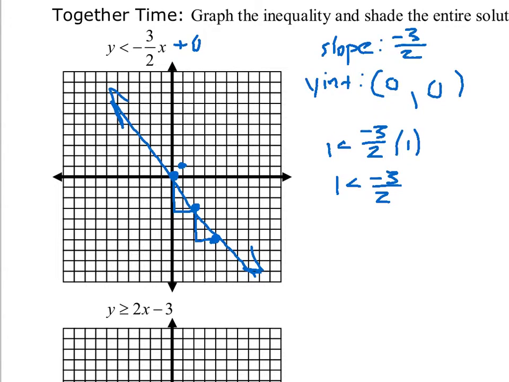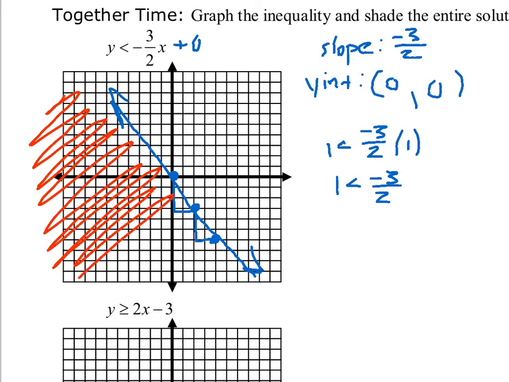No. So that tells me not only is this point not part of the solution, that tells me everything on that side is not part of the solution, and that everything on the other side is part of the solution. So I'm shading the opposite side.